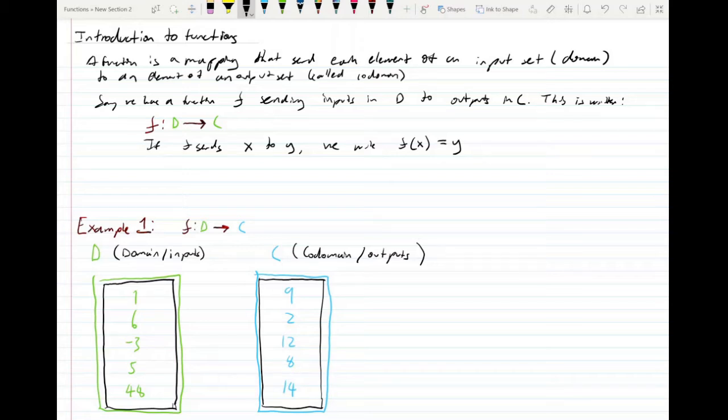Now importantly, each input should go to only one output. Otherwise, the function is what we call not well defined.